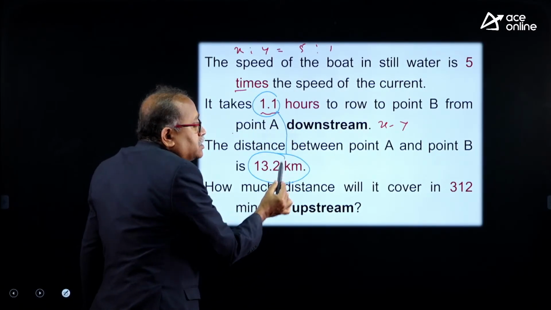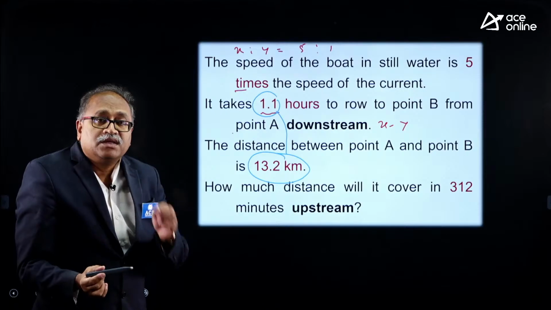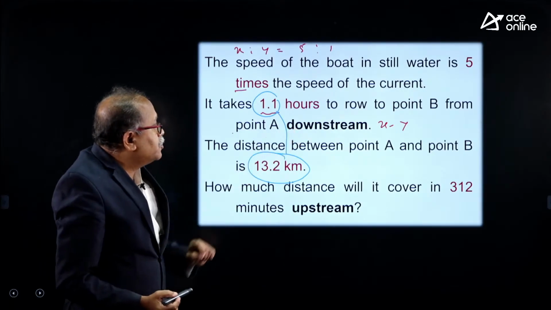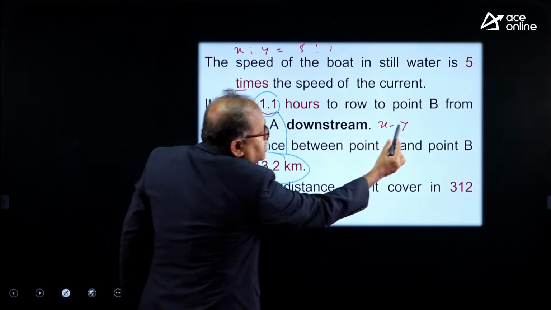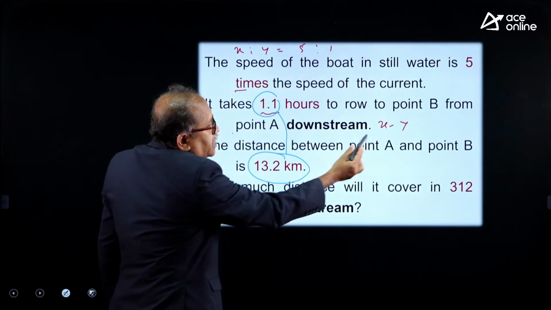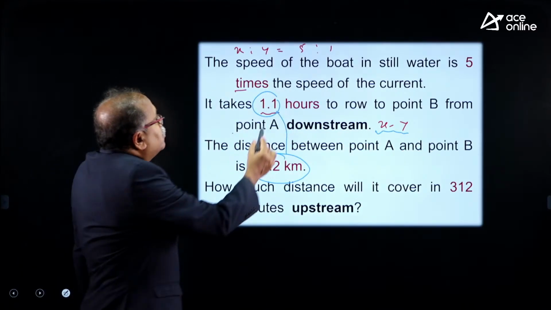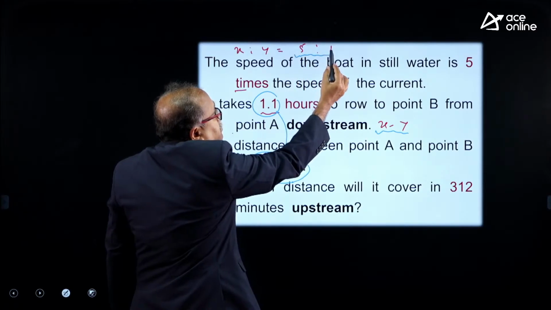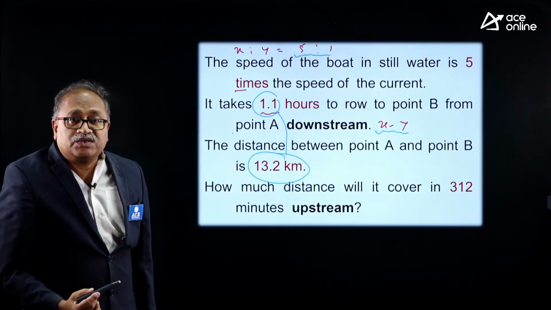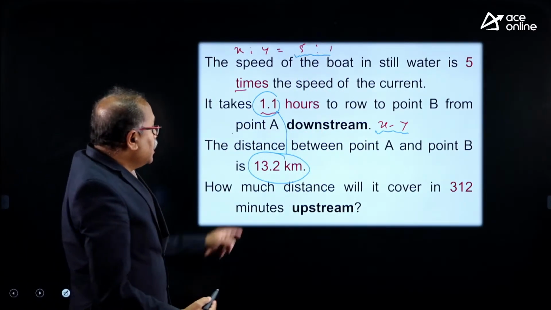Distance divided by time, I will get the speed, and which speed? Downstream. That means I will be getting x plus y, and we already have the x and y ratio 5:1. Okay. And x minus y.